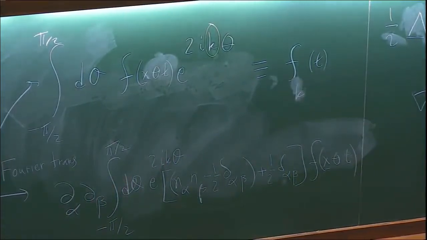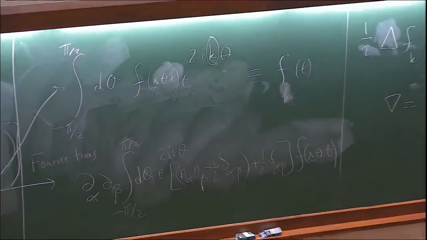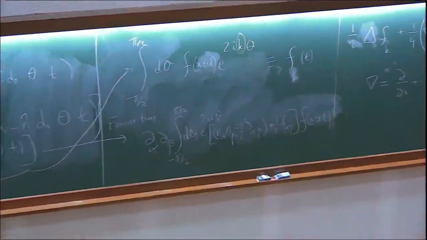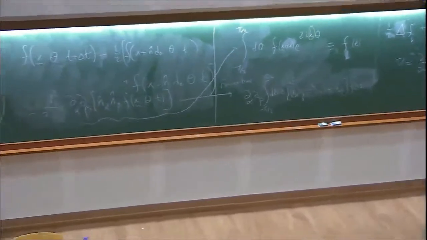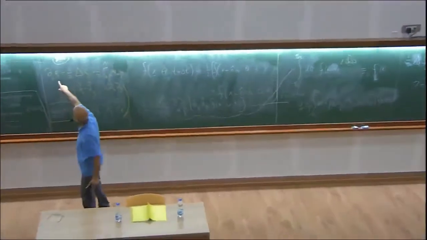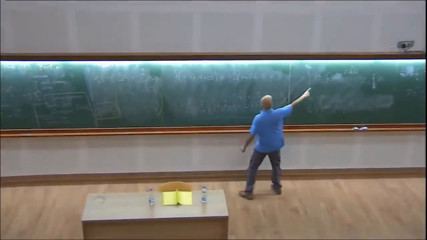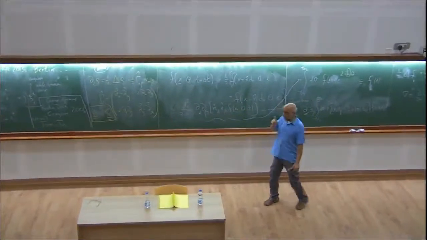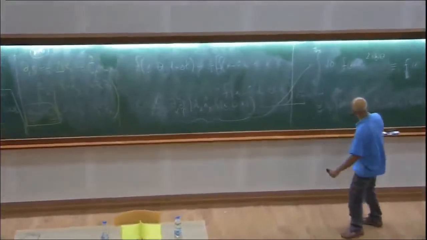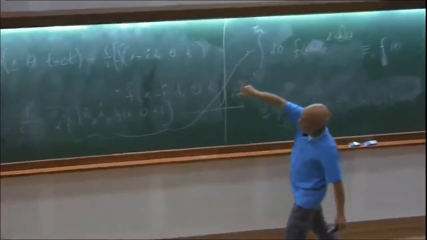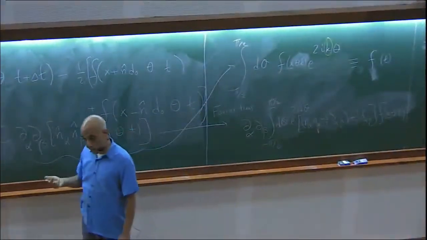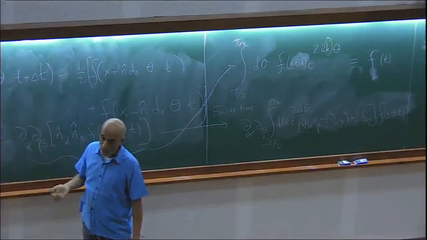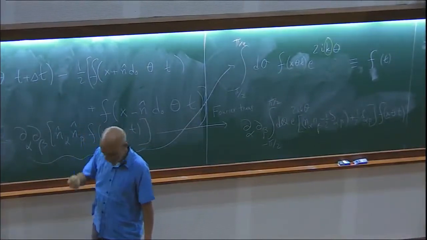If I take f of x, v, and t and integrate it over v, I get rho of x and t. Here, if I take f of x, theta, and t and integrate it over theta, I get rho of x and t. That is why the k equals 0 equation here is just the equation for the density field. But because of the presence of these terms, the k equals 0 equation involves k equals 1. Because it involves k equals 1, it involves the density and the nematic order parameter.